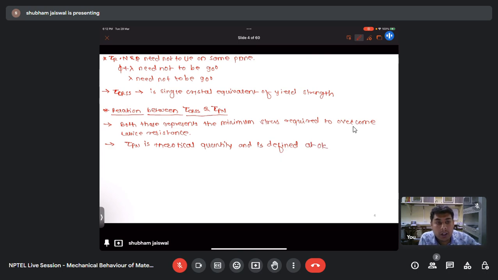Tau PN is defined at 0 Kelvin, whereas tau CRSS is the experimental quantity and it is obtained for a given temperature. So tau CRSS can change with the temperature and as well as with the material composition.